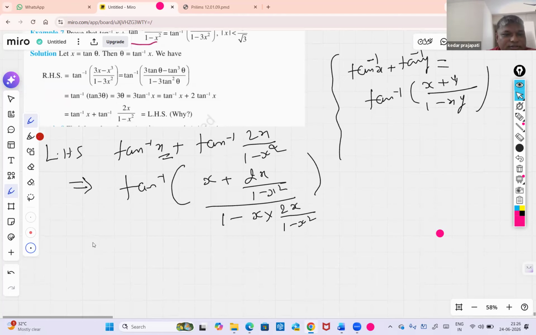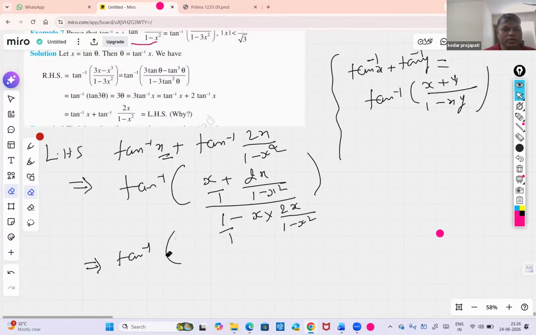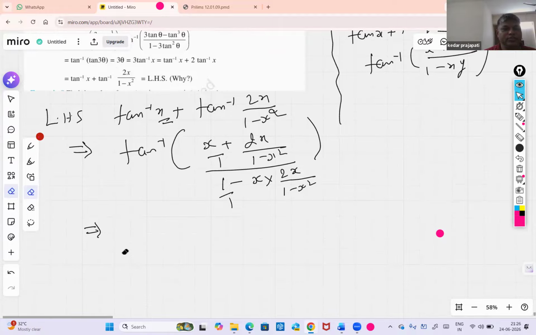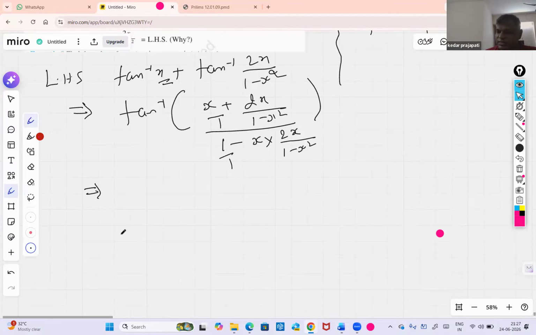Let us see whether it comes or not. In both places, I'm taking LCM and just expanding it a little bit.